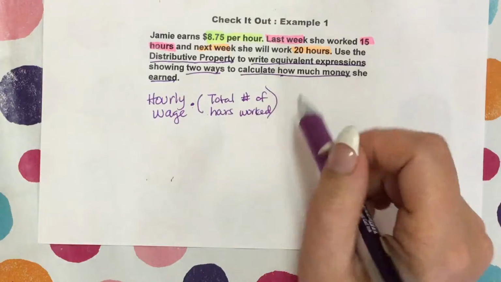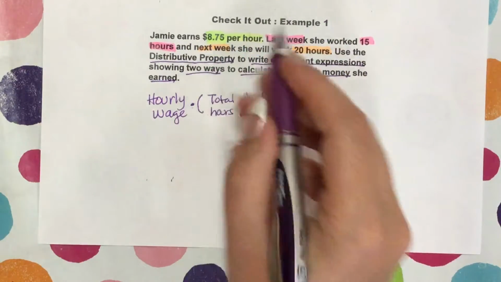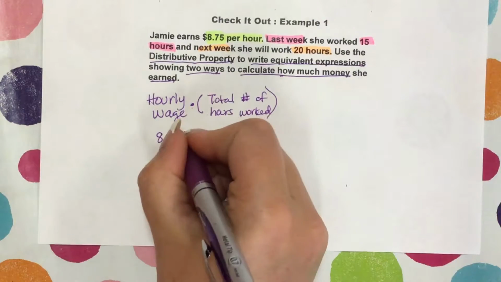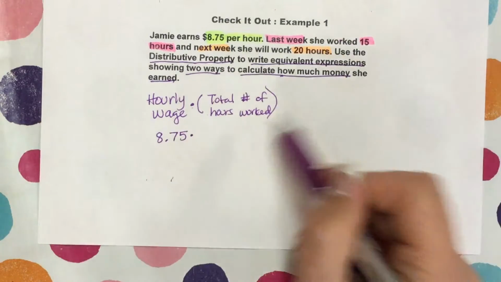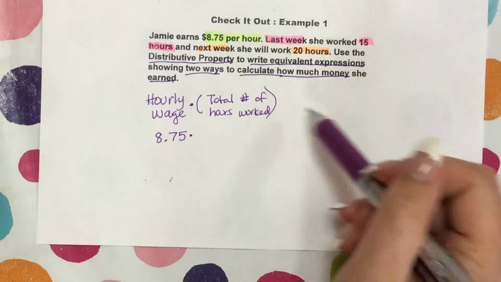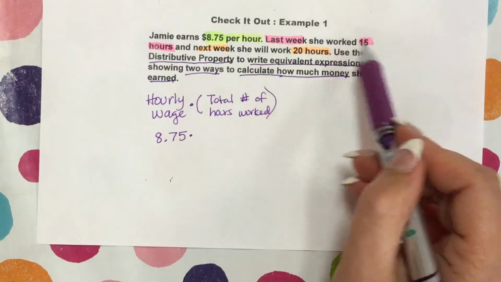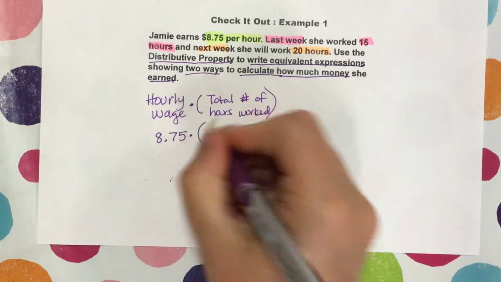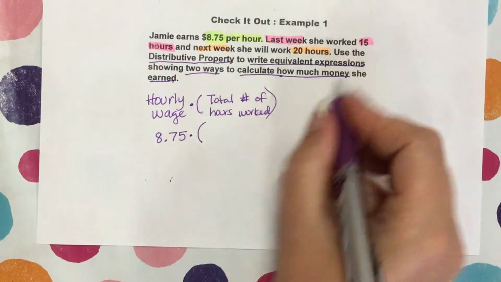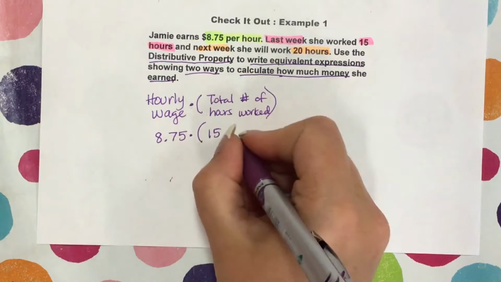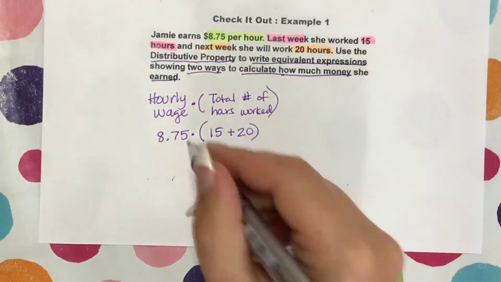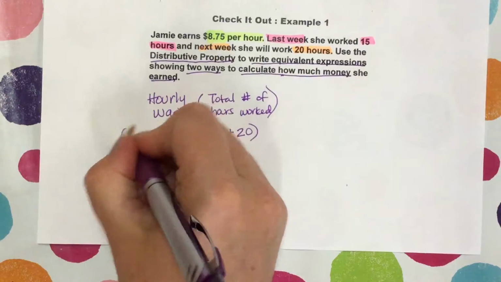So with this problem, Jamie earns $8.75 per hour. So that's going to go here, $8.75, and we're going to multiply that by the number of hours she worked. Well, she worked hours last week, which was 15, and then next week, which was 20. So that means the total number of hours she worked is going to be 15 plus 20. Okay, so we're going to solve this 2 ways.